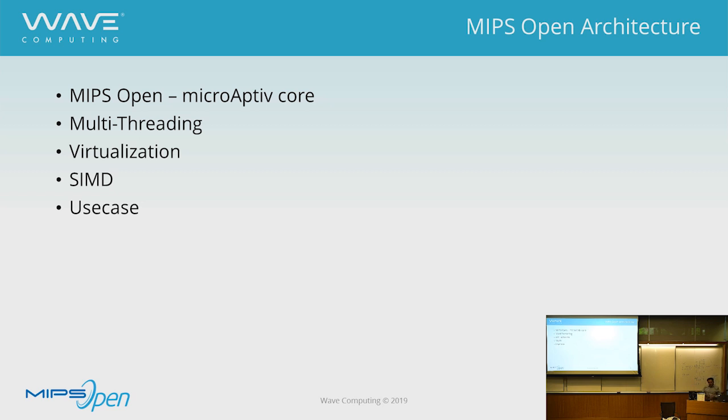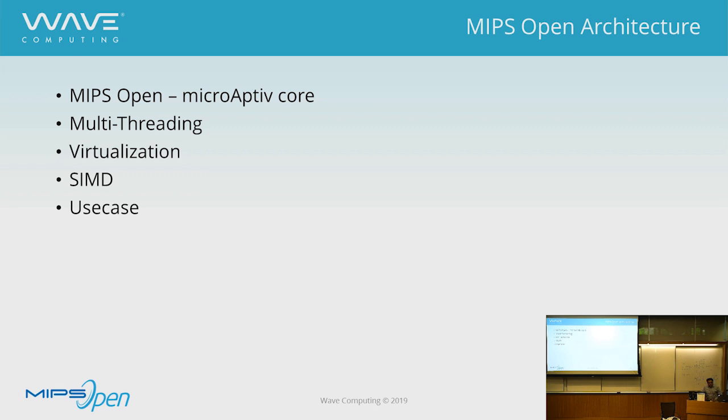But in order to really help the industry, in addition to opening up the ISA, we're also enabling a few of our cores to be available at no cost. These cores would have cost a lot of money if you had come to us a year ago. Now there is no licensing fee or royalty, and those cores are referred to as microAptiv cores. That's the first line.